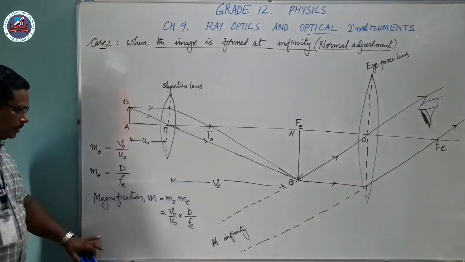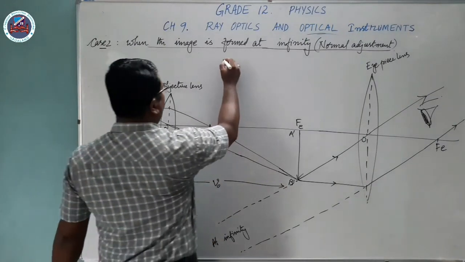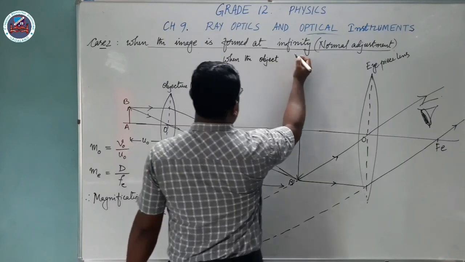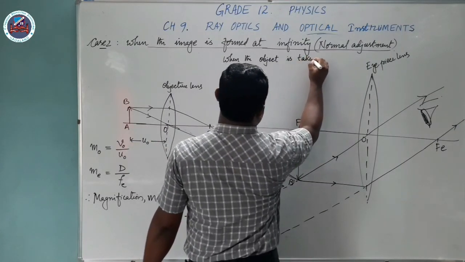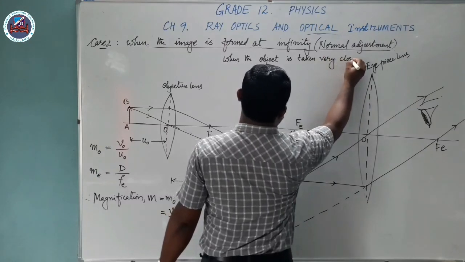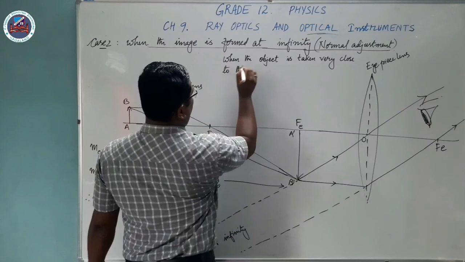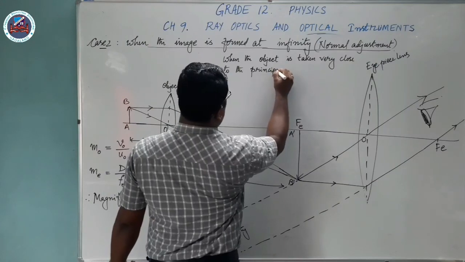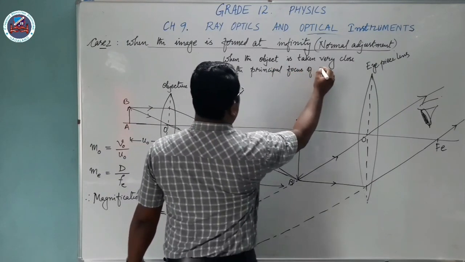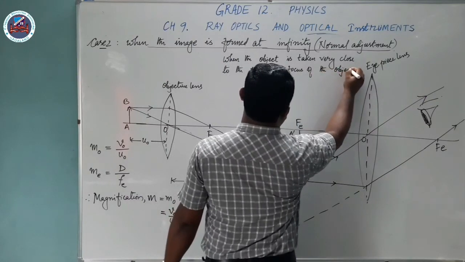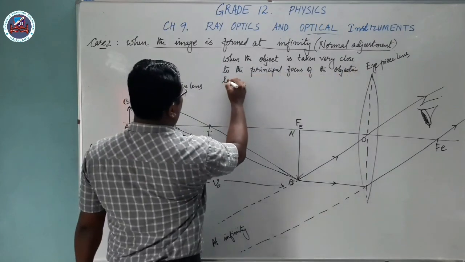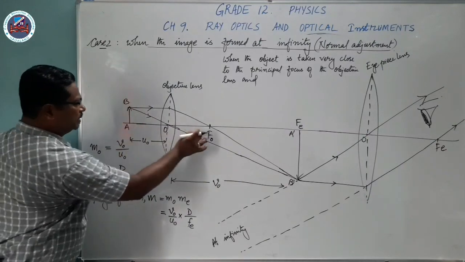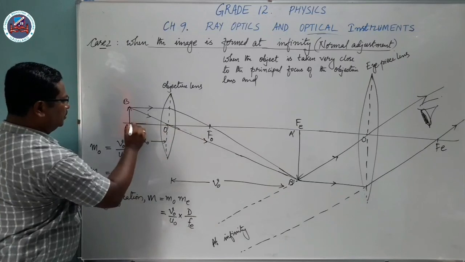Here you have to take one assumption: when the object is taken very close to the principal focus of the objective lens, here the principal focal length you can see is somewhere here, suppose FO.